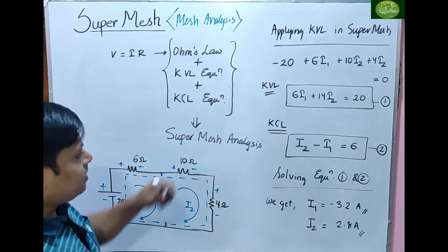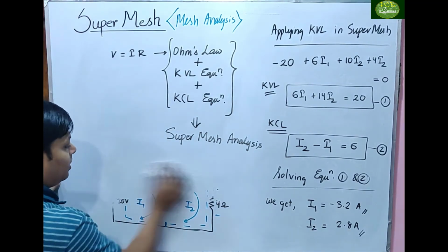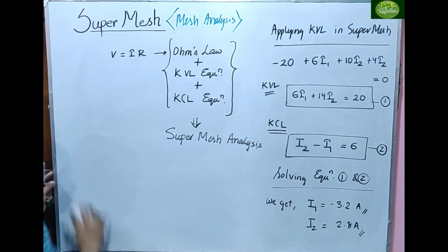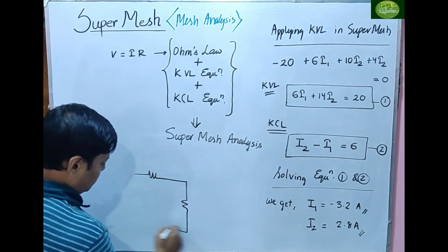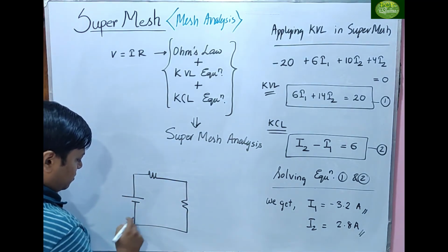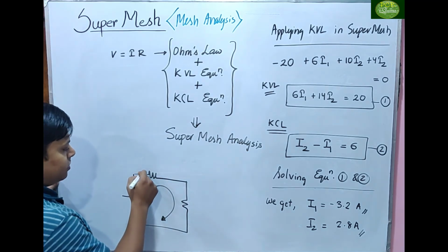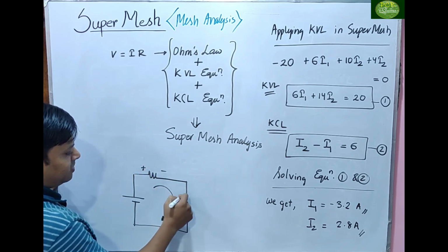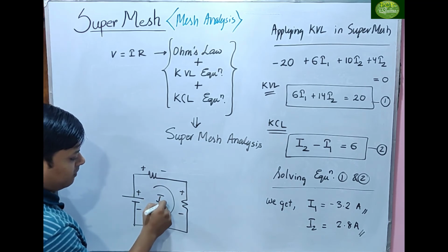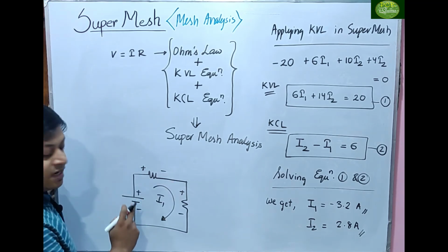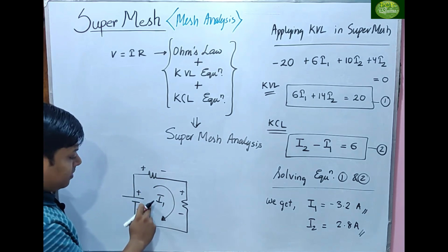Clear? But if I consider only a simple mesh, this is a voltage source. Fine. We are applying the mesh analysis. So this will be the current direction, and it will be plus, minus, plus, minus, plus, minus. When I am applying the KVL in mesh analysis, Ohm's law is applicable.